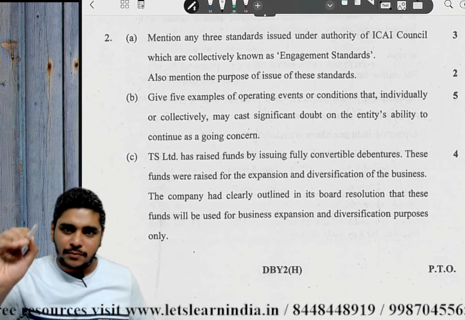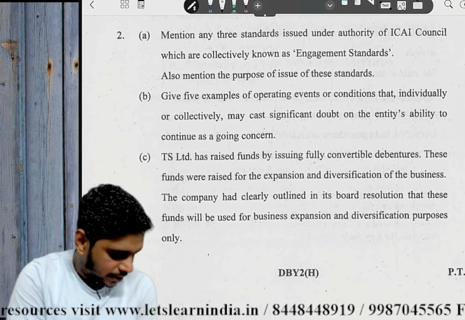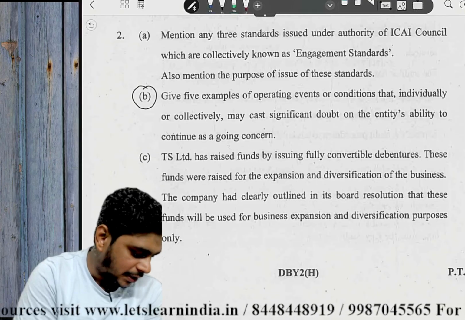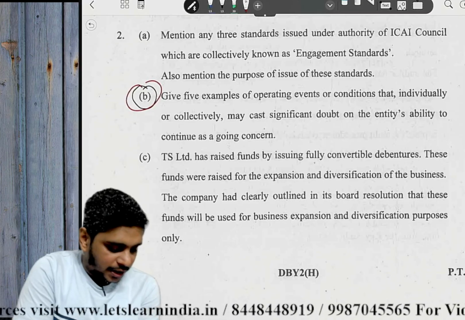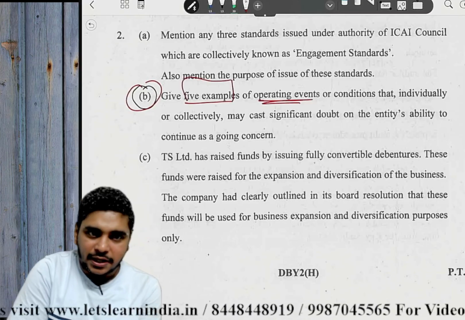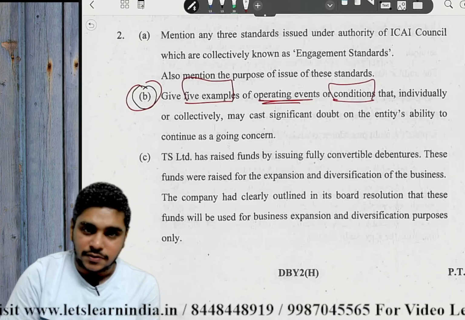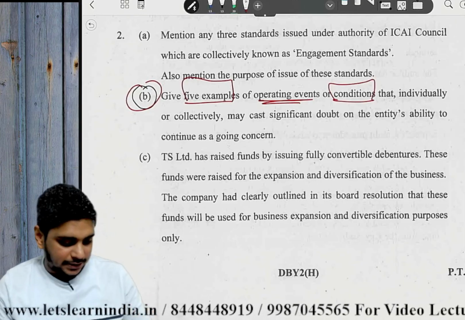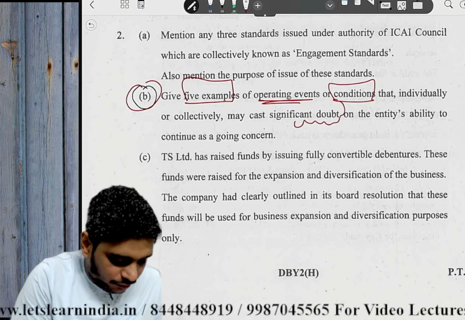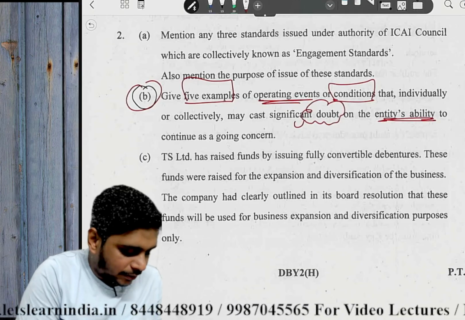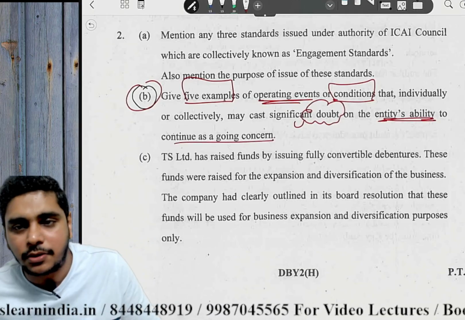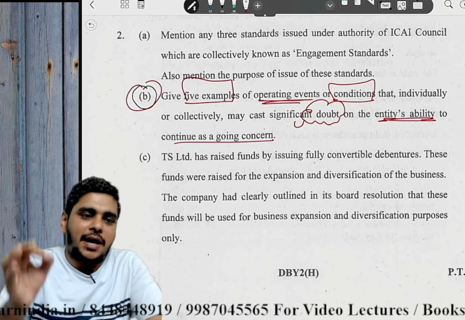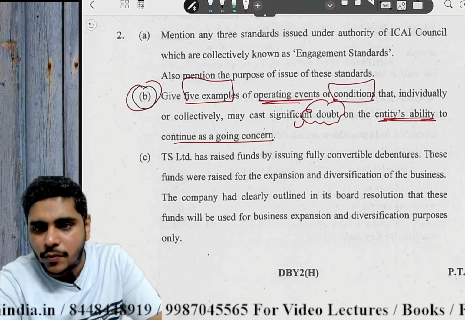It is actually a recent paper, May 25. Can you answer this 2B for me? See, it's a direct question. Give 5 examples of operating events or conditions that individually or collectively cast a significant doubt on the entity's ability to continue as going concern. Can somebody answer in the chat? This question came from where?